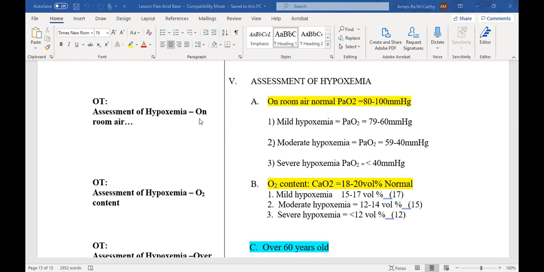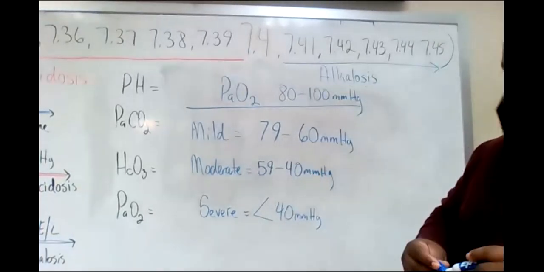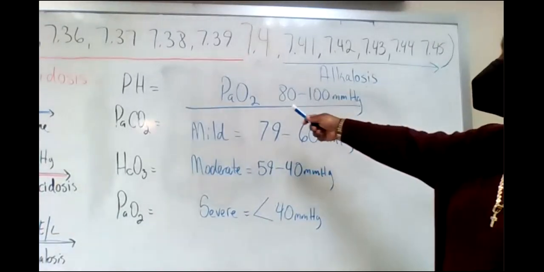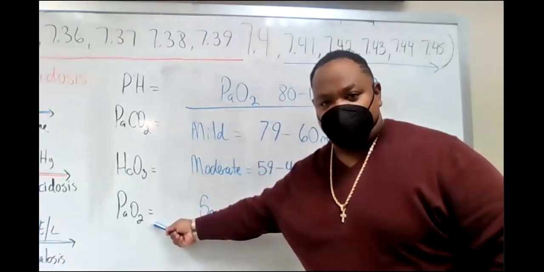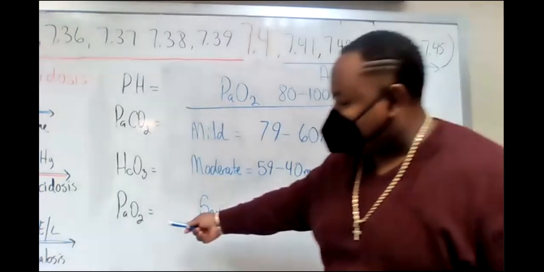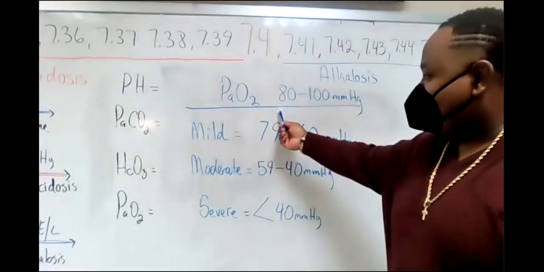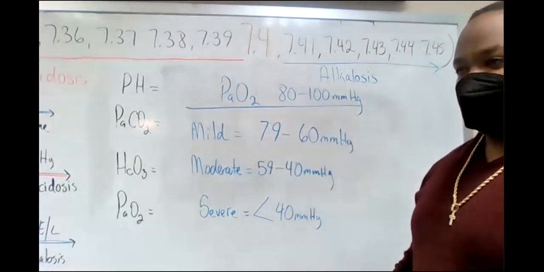Here it is on the board. You see that there's other ways to do it by the total O2 content, but we're going to talk about that in a minute. One thing at a time. Here it is. PaO2, which is right here in your ABG. That's part of your ABG. That's the oxygenation status part. 80 to 100 is normal oxemia.